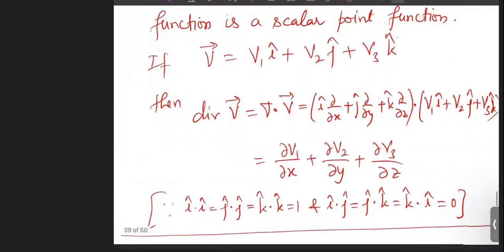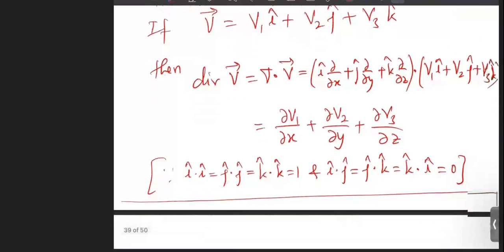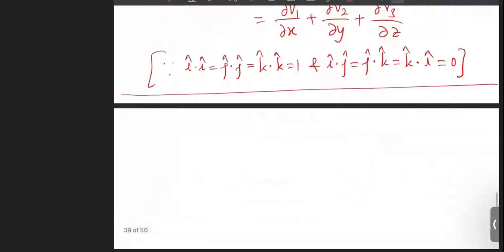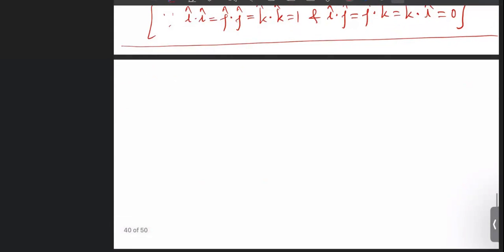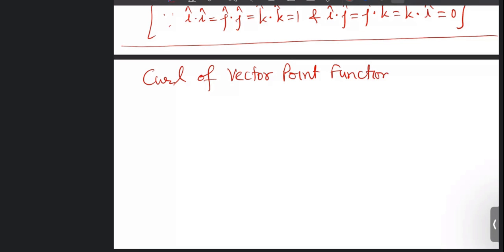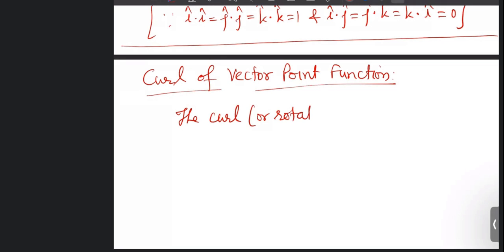If we consider the cross product between del and V, then its name will become the curl, that is the curl of a vector point function, or you can say the rotation of a differentiable function.